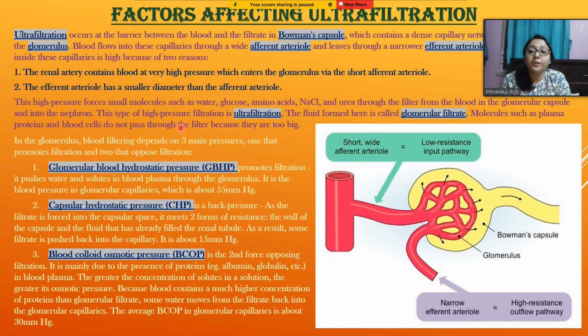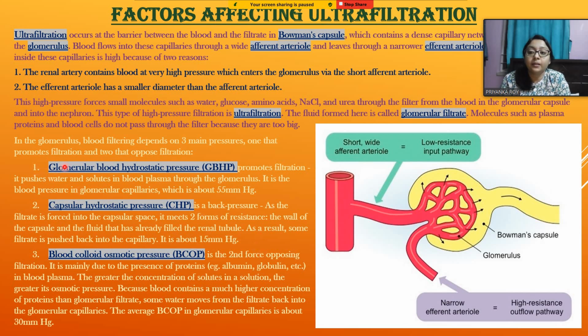This type of high pressure filtration is known as ultrafiltration. The fluid formed here is called the glomerular filtrate. The plasma proteins and the blood cells do not go inside because they are too big to be filtered.